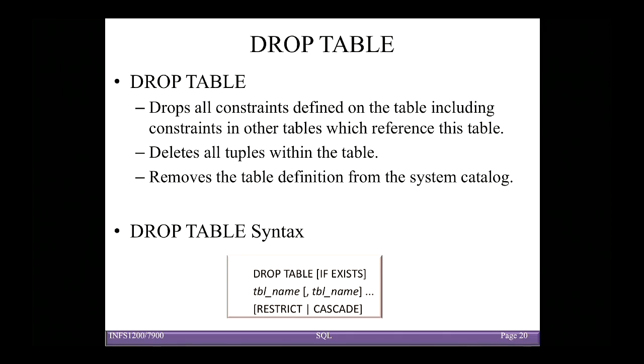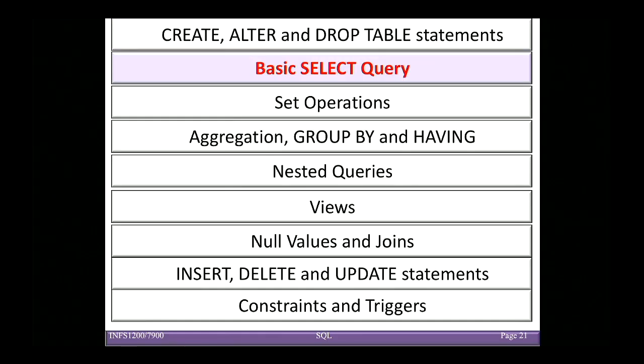If you say restrict, it will restrict you from dropping this if you've got other tables that are referencing this. And if you say cascade, it will cascade and delete anything which is related to this. Right? So cascade means delete everything that's related with it. Restrict means just don't allow it. And that is create, alter, and dropping table statements.